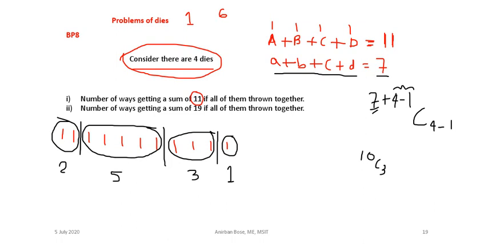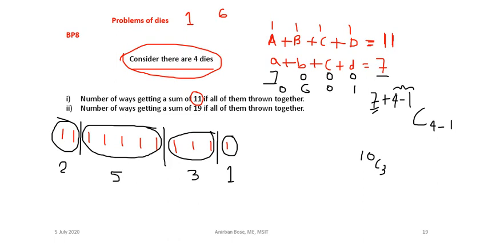But there is a problem. What is the problem? Even in doing that, we may consider the situation that A will be 7, this will be 0, this will be 0, this will be 0, or it may consider the situation where this will be 0, this will be 6, this will be 0, this will be 1.